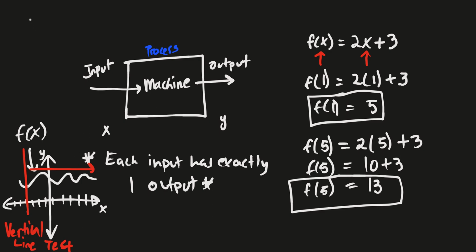Let me give you an example of something that wouldn't be a function. If we have a circle, for example, right? This is not an example of a function here.